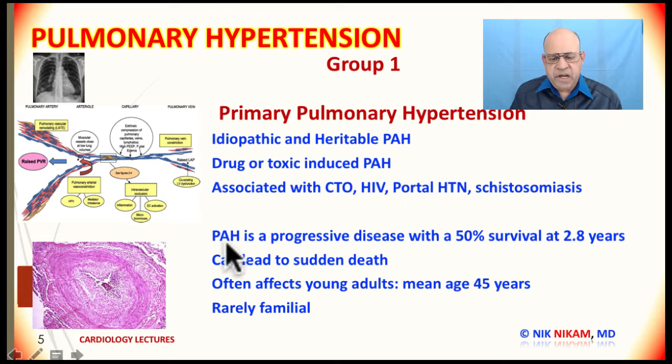Pulmonary arterial hypertension is a progressive disease with a 50% survival rate at 2.8 years. This disease can lead to sudden death. It affects generally younger adults, the mean age being 45 years, and rarely it is familial. Here are some of the changes that we see in patients in the pulmonary arteries and arterioles, which we will discuss in detail in a moment.